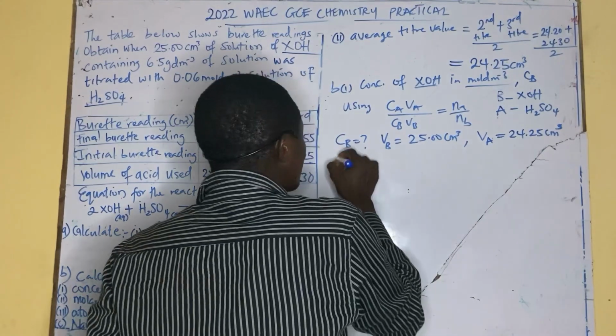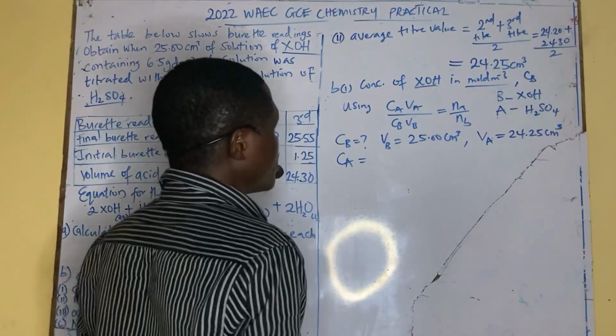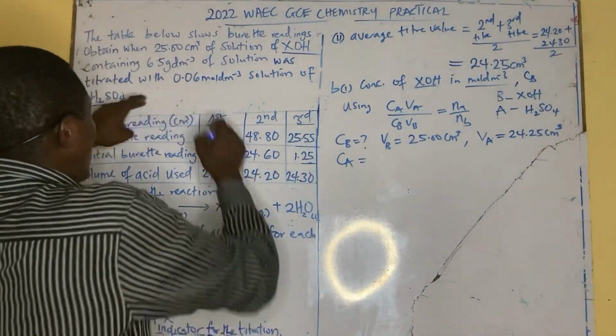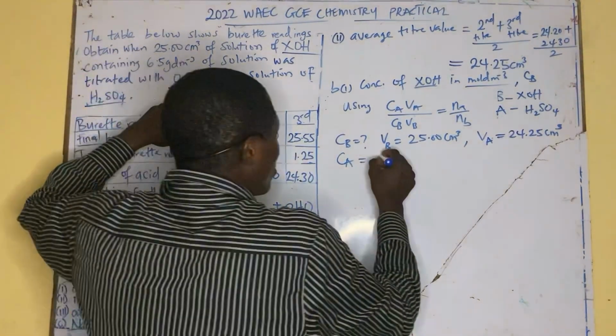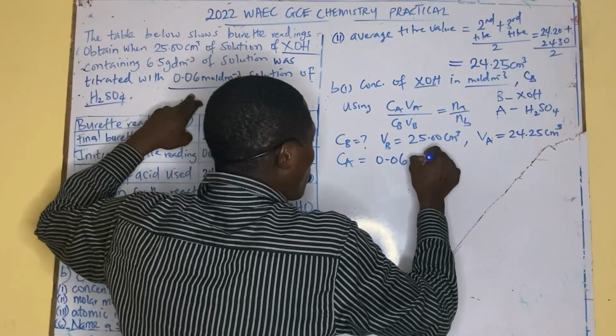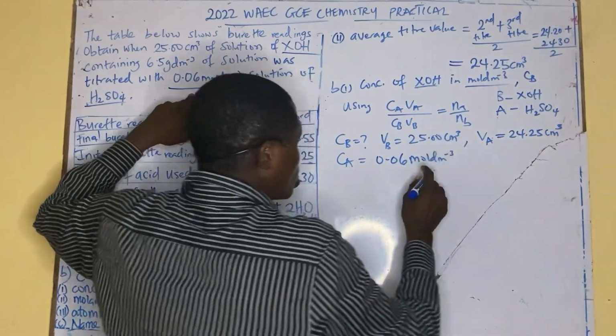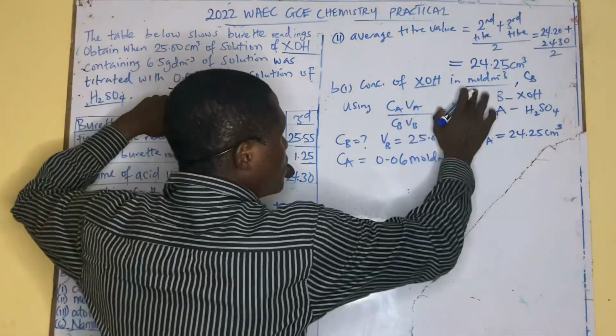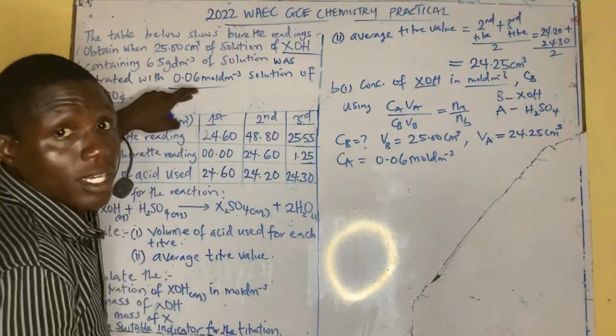And your CA is given as 0.06 mole per dm cube. So you can see your CA is in mole per dm cube, and your CB must also be in mole per dm cube.